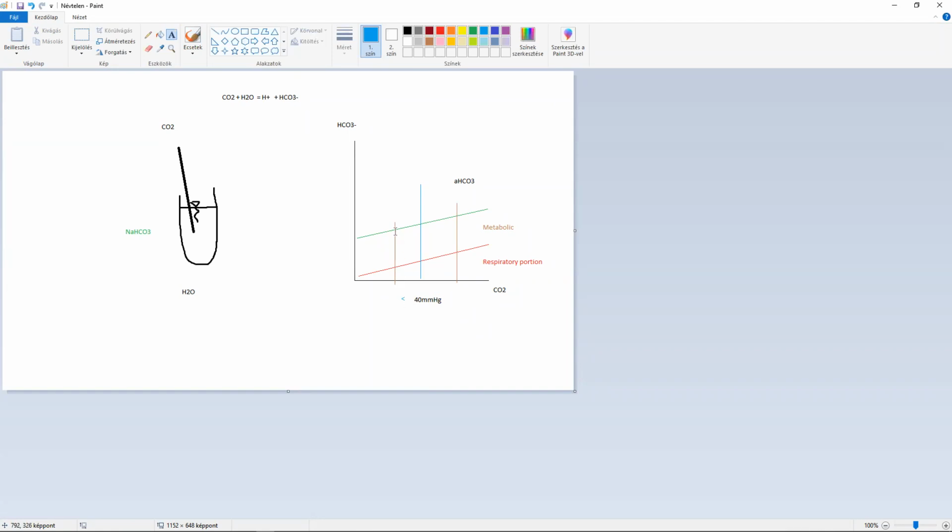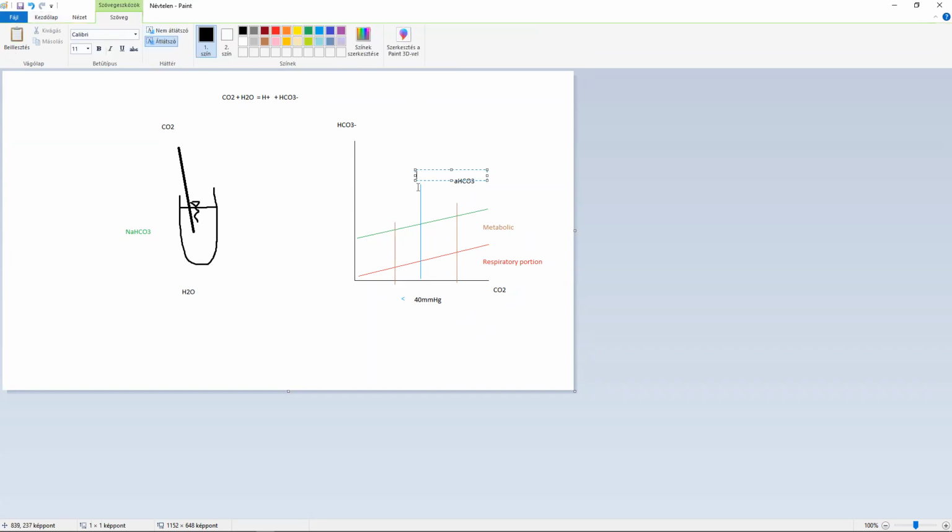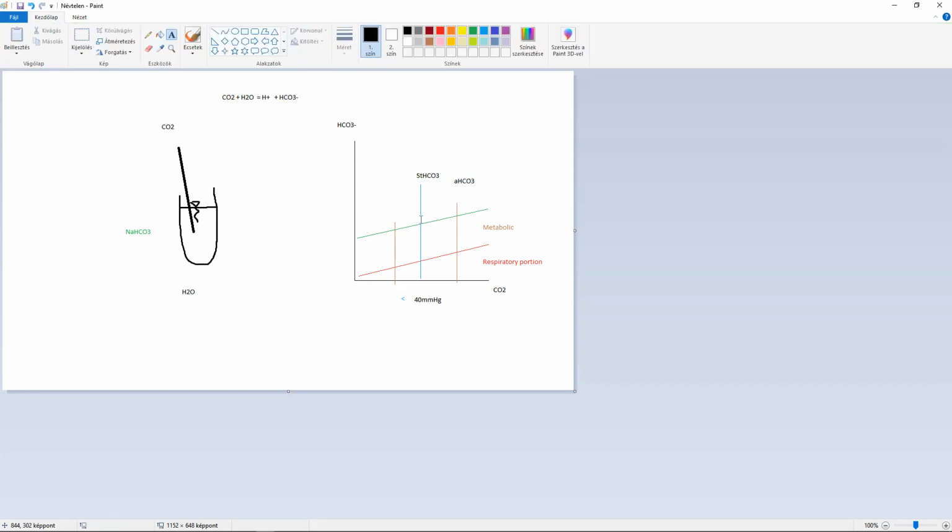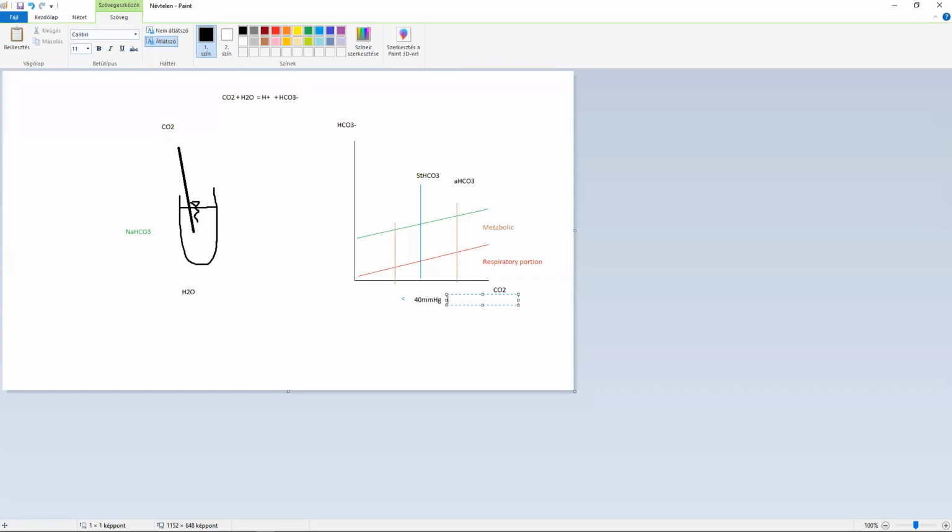It means that the actual bicarbonate is less than the standard bicarbonate, because that would be the standard bicarbonate at CO2 40. And if the CO2 value is bigger than 40, the actual bicarbonate is bigger than the standard bicarbonate.